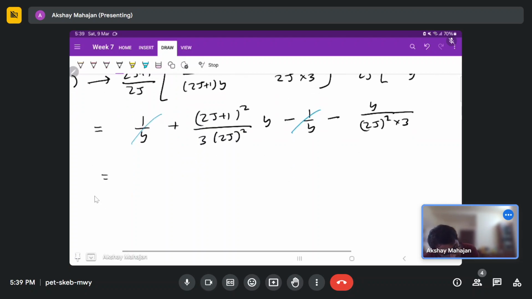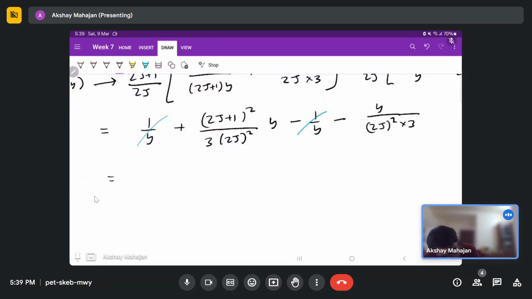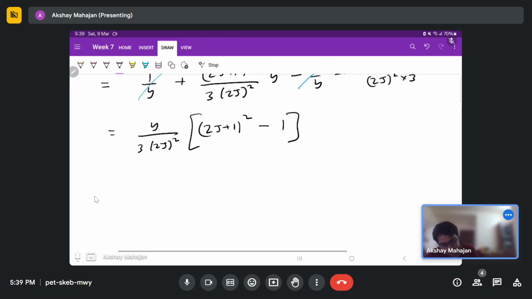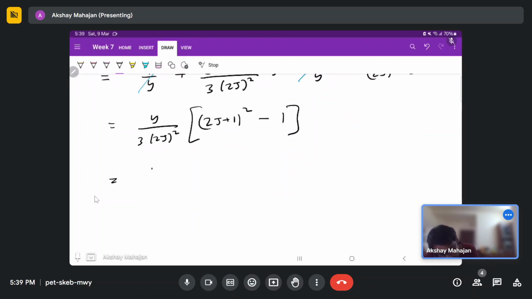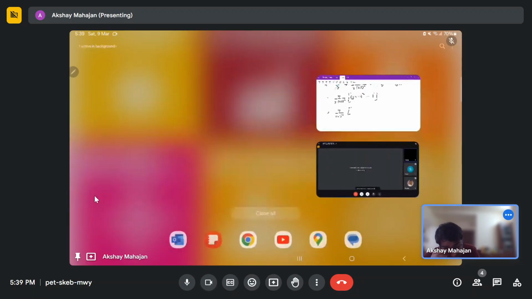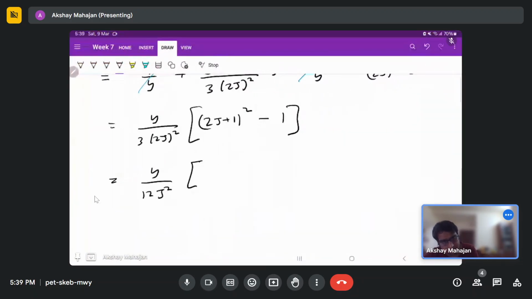So we will have these two values. So we will have 2j plus 1. Let me just take y upon 3 times (2j) whole square as common. And what we have is (2j plus 1) whole square minus 1. So that will be equal to y upon 12j square, and you can use the a square minus b square formula here.